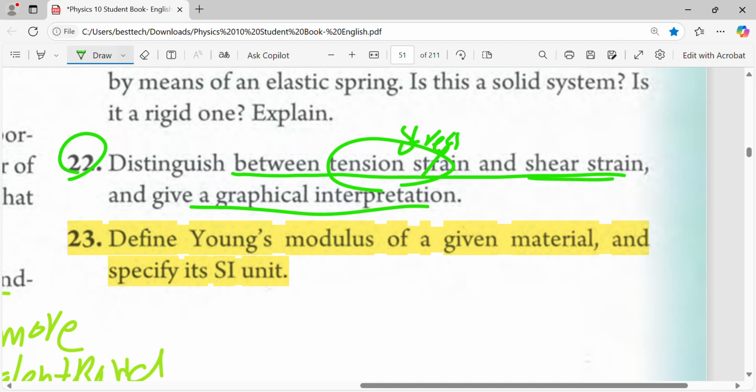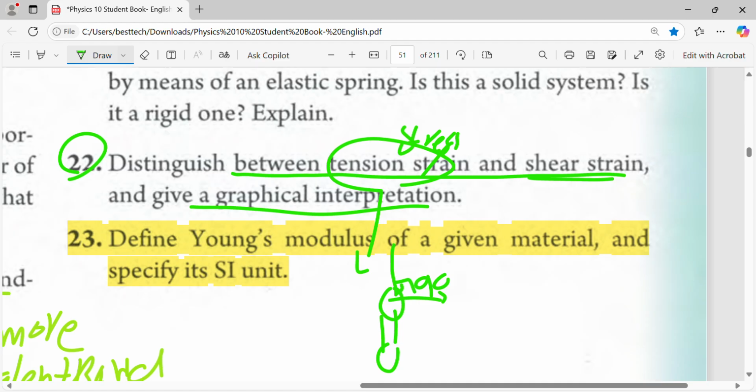If you remember, we said the applying force, for example on a wire, is perpendicular, at a 90-degree angle. That is tension stress.